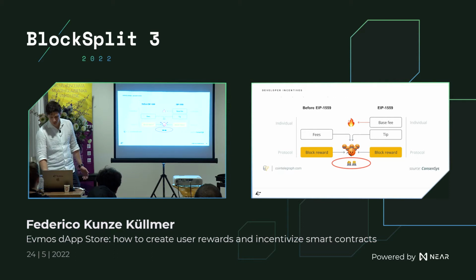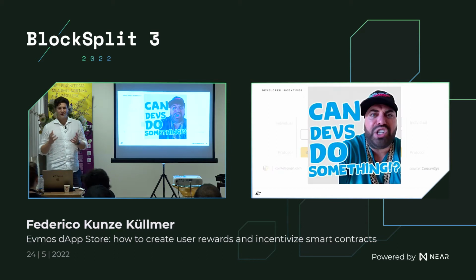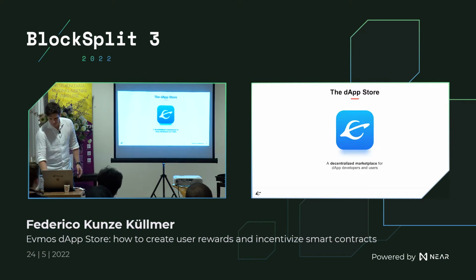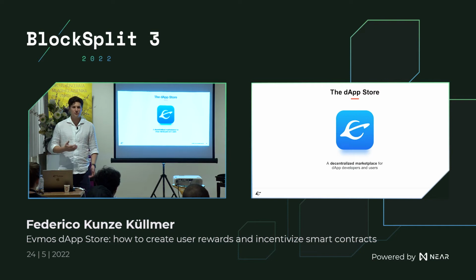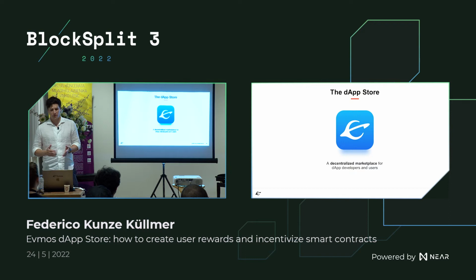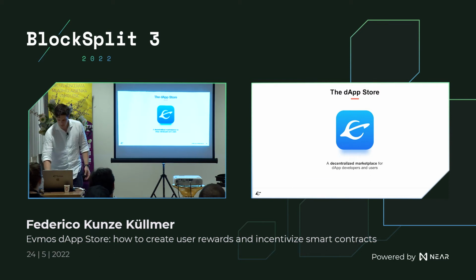So here's what we did in terms of how to align incentives between developers, validators, and users. The question is, can we do something about it? That's why Evmos is introducing the decentralized app store, a decentralized marketplace for dApp developers and users where the two can meet and interact with the applications, so that they can share the transaction fees and create revenue for all the users that are aligned in the protocol.